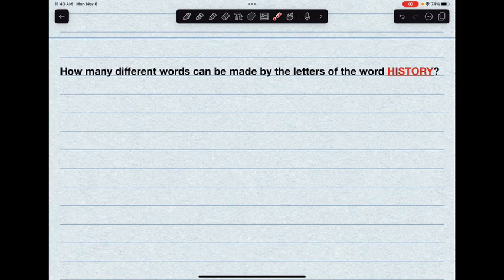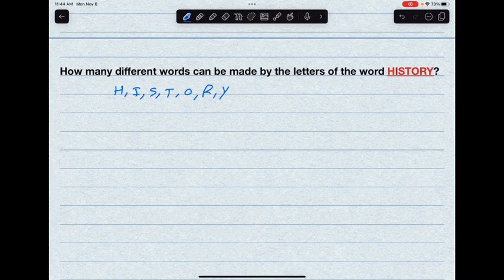We are going to make a 7 letter new word. There's no repetition here. Each letter can be used only once. So that's the difference. If they give this question in this way, how many words can be made by using these letters H, I, S, T, O, R, and Y?